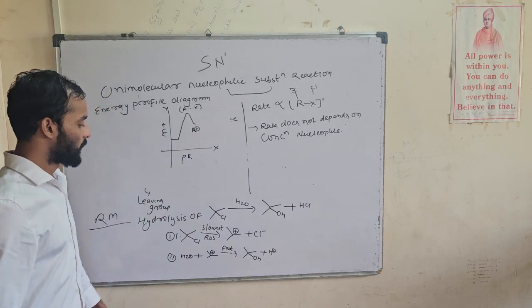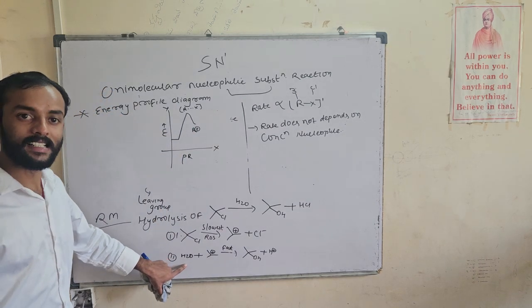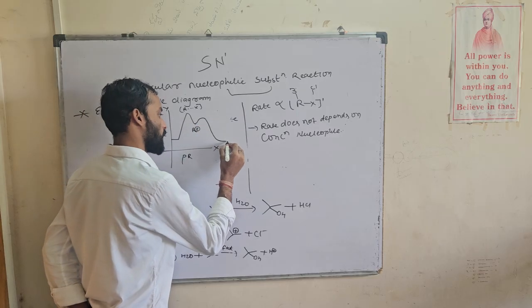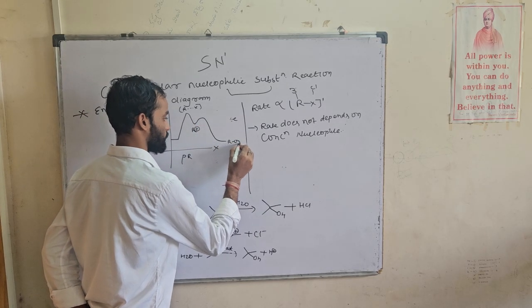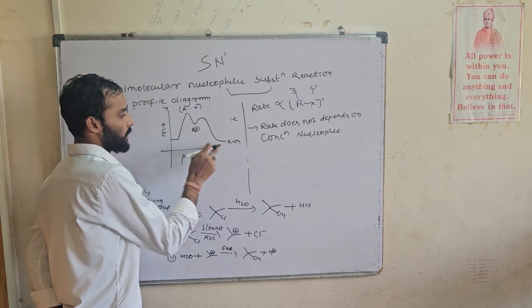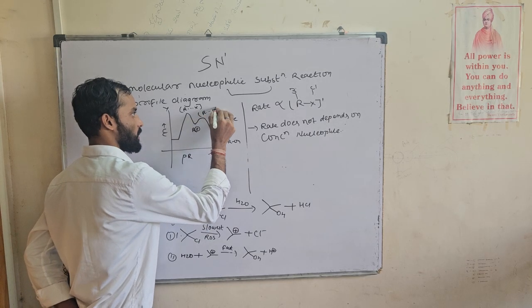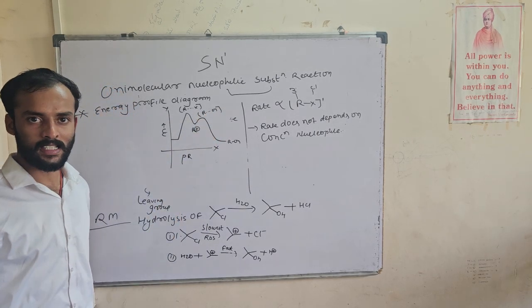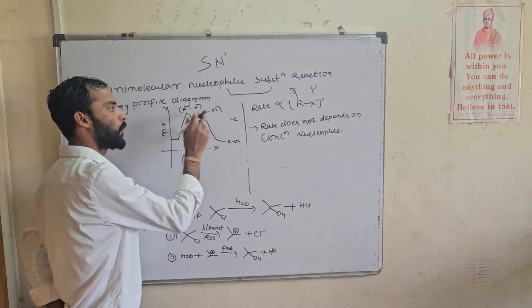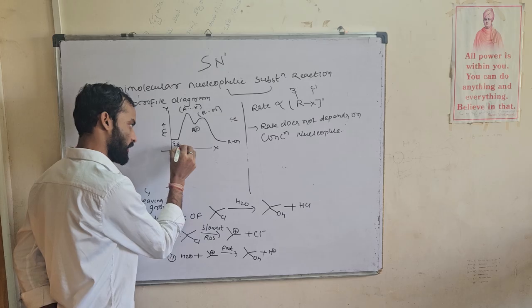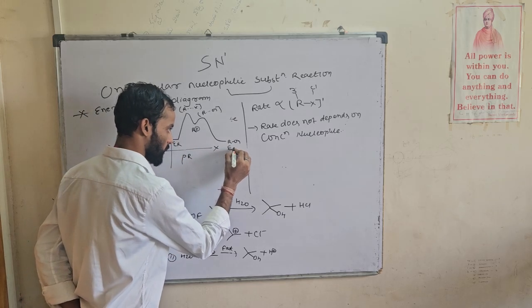This carbocation will react with the nucleophile in the second stage and it will give the final product, which is ROH, through a transition state. This transition state represents that the bond between R and OH is about to form. This is the energy level of reactant and this is the energy level of product.